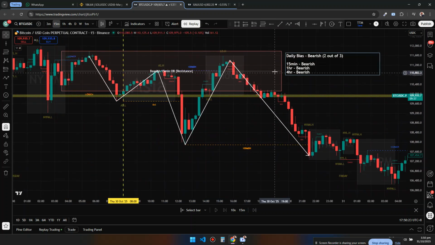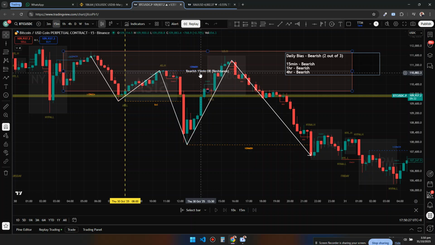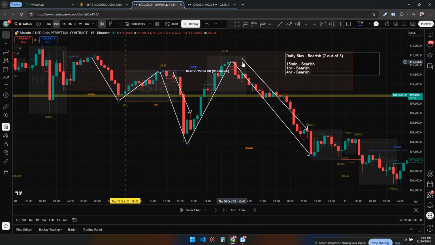All right, so this is how the strategy works. Basically, with this bearish 15-minute OB, whenever price taps into it, price has a higher chance to sell off. So price taps into it again, there's a high chance that the price would sell off.